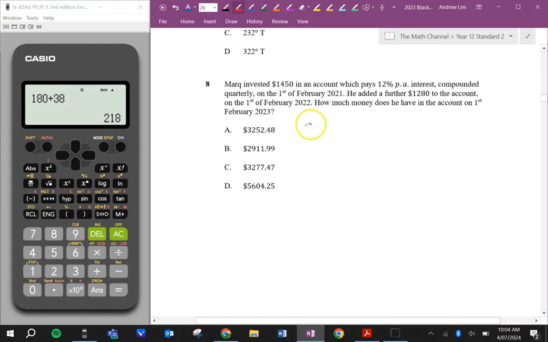So, future value. 1450, 1 plus 12% divided by 4 because it's compounded quarterly, for 1 year. Then he adds $1,280. So I'm going to write here future value after 1 year.